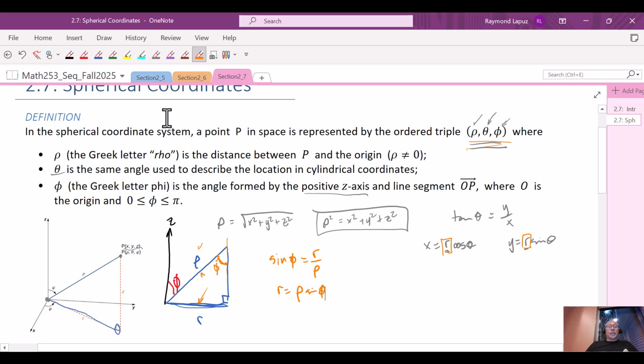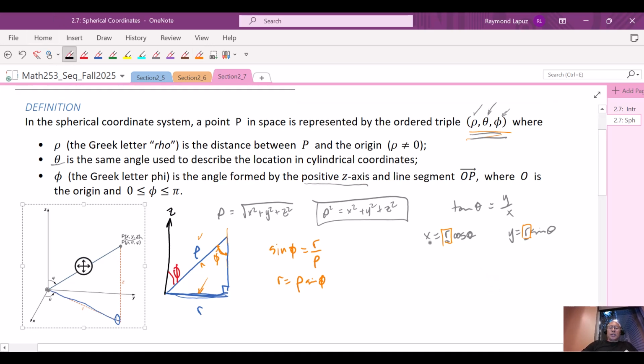That's great, because now if r is equal to rho sine phi, then x is going to equal rho sine phi cosine theta. And similarly, y will equal rho sine phi sine theta.